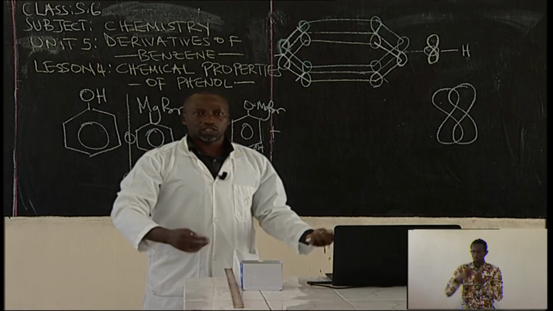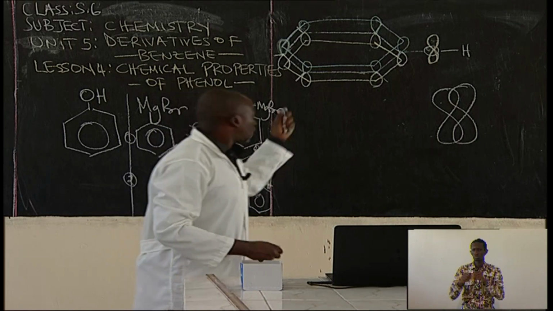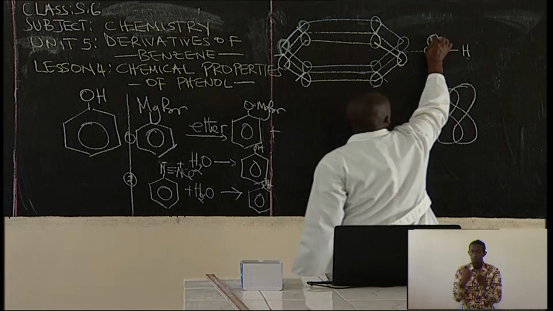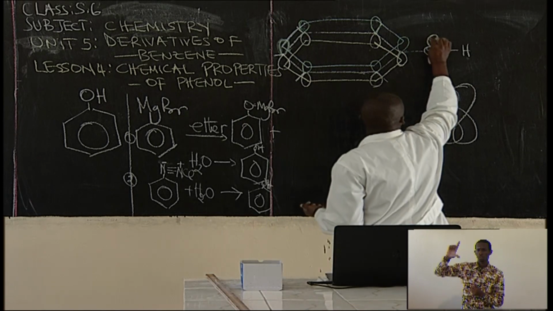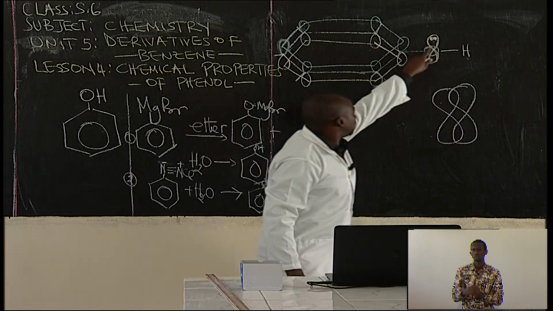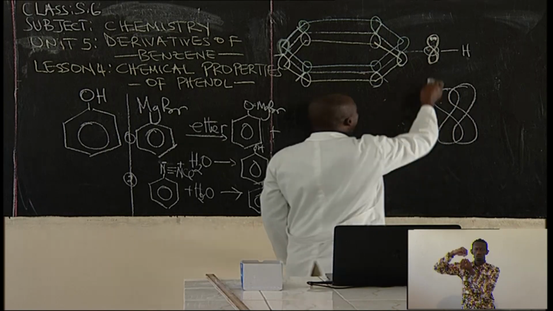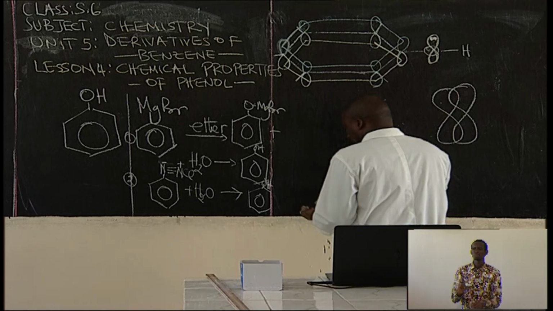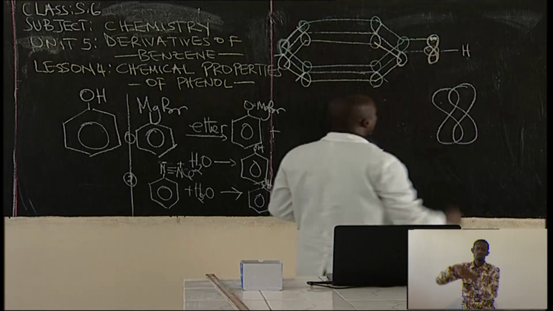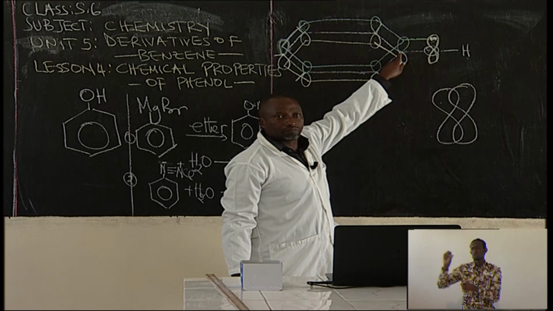You remember, we mentioned this when we were talking about the structure of the benzene. But what we are looking at this time around is these electrons here. So these electrons in the p orbital on the oxygen atom tend to move inside. So that means this orbital here is overlapping with another one of the carbon in the bond.